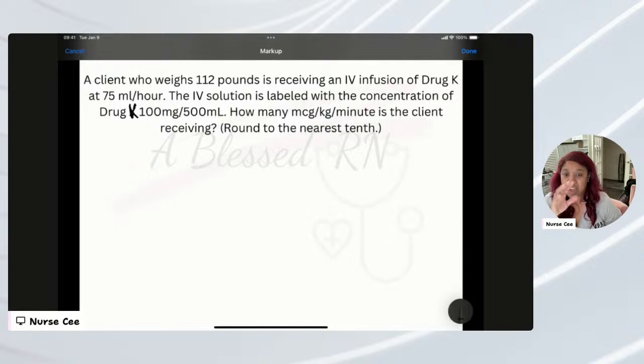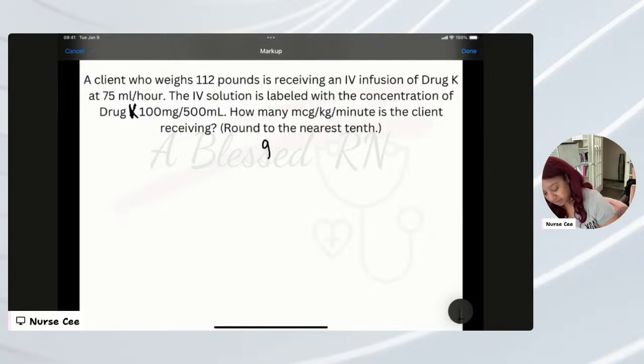We want to know how many micrograms per kilogram of body weight every minute that patient is receiving. Now, if you're not good at math, you will say, holy moly donut shop, I can't do that. But with puzzle pieces in the dimensional analysis, we can set this up very easily with minimal math skills.